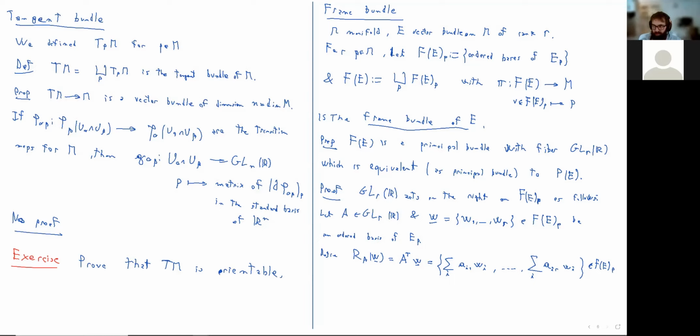And in our case, since we have local trivialization of E, the best thing is just to import the standard basis of R^R.